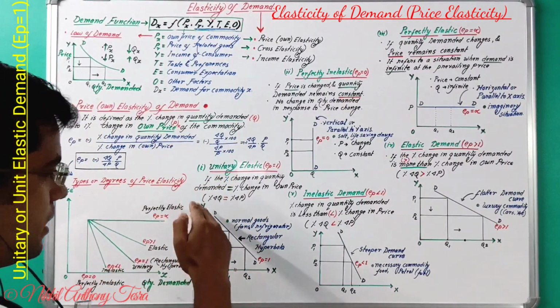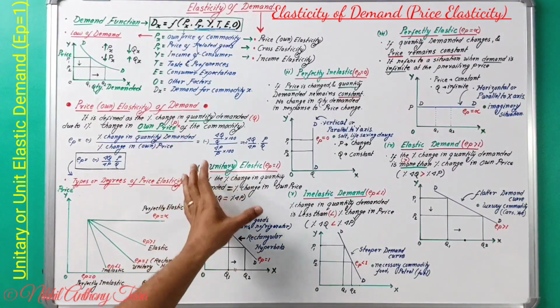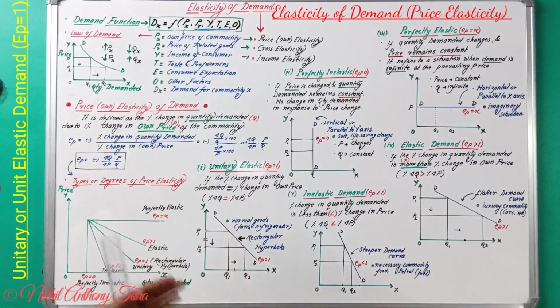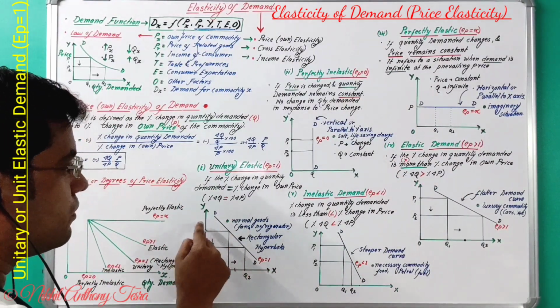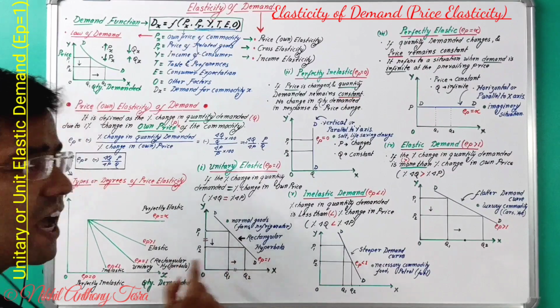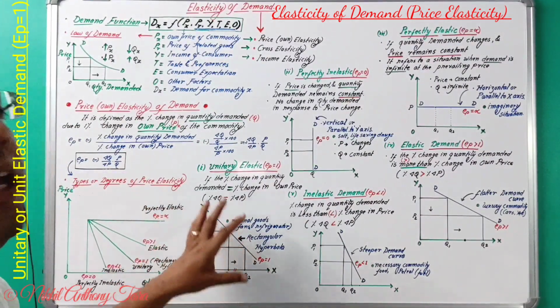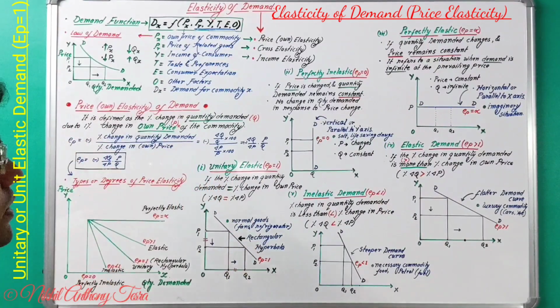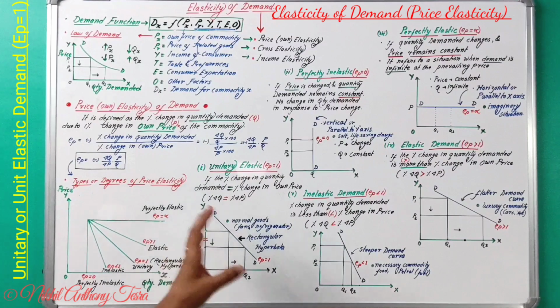I repeat, why is unit elastic or unitary elastic called rectangular hyperbola? Because below this DD demand curve, if we draw several rectangles, the area or the size of the rectangles will be the same. For that reason, we can say this demand curve, EP equals 1, is a rectangular hyperbola.